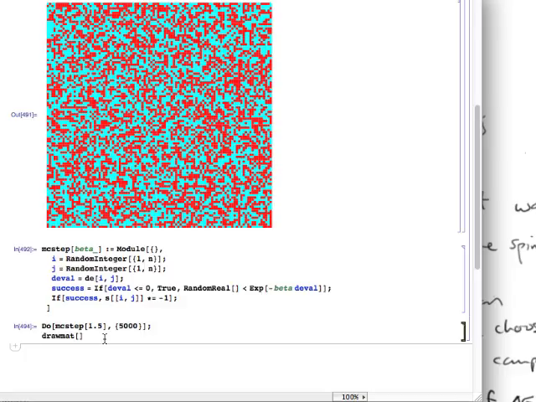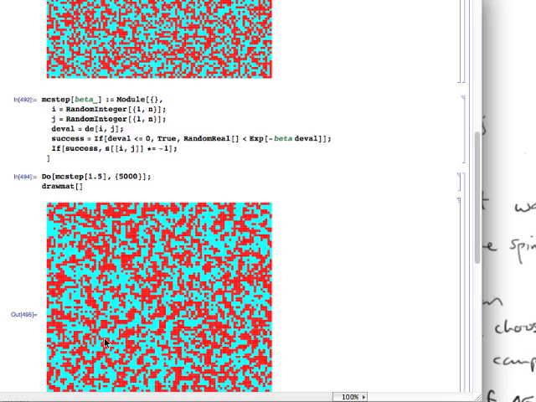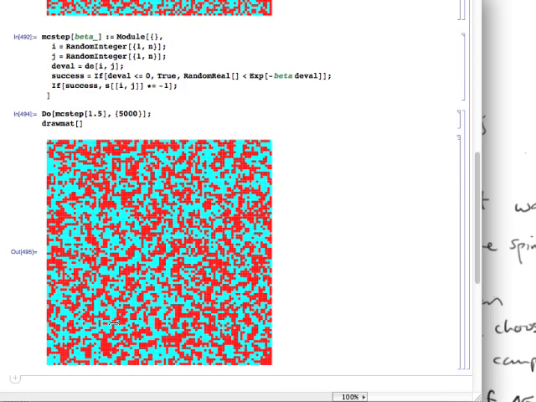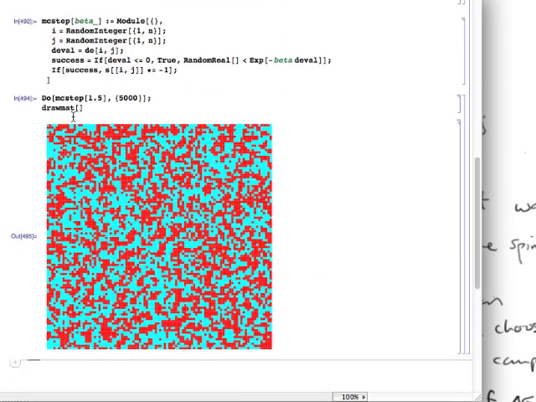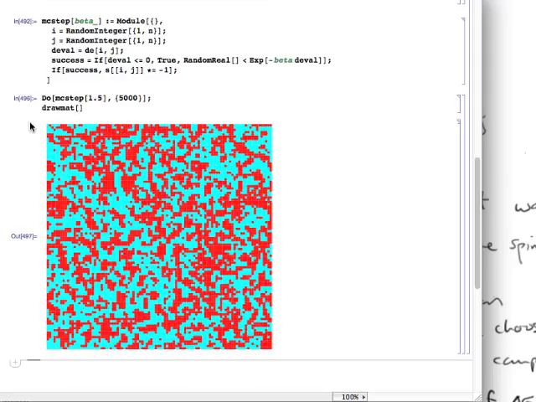And again, this takes a little while, mainly because of the drawing. Okay, and let's just run it again, because 5,000 steps is not very many. And see what happens. See if it stops changing, or if it's, well, it seems to be getting a little coarser. Things are kind of gathering together, the up spins and the down spins.